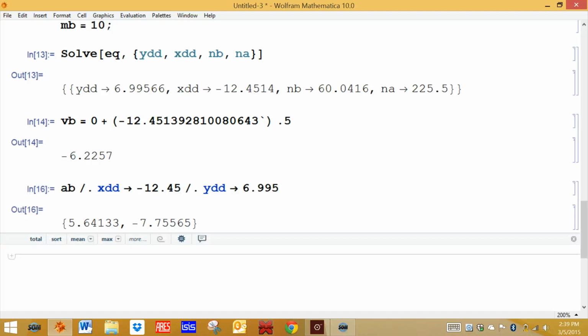So your acceleration would be 5 to the right and a -7 down.